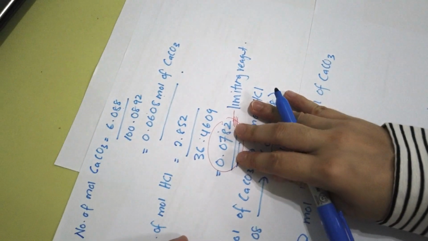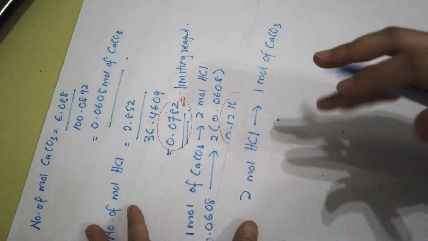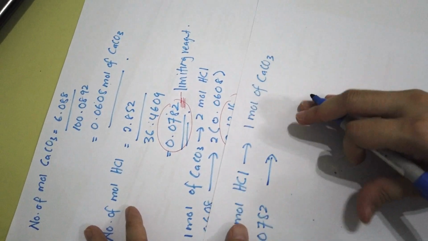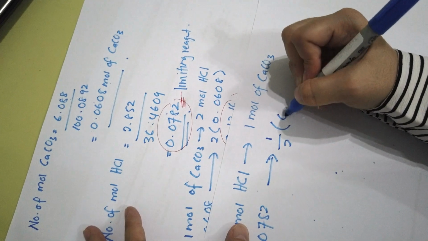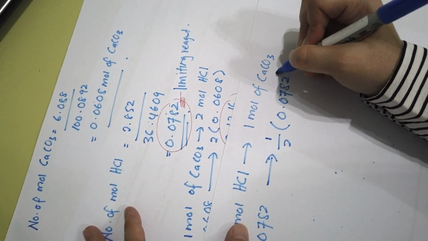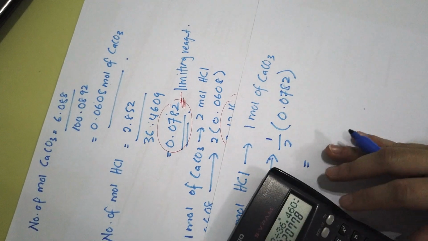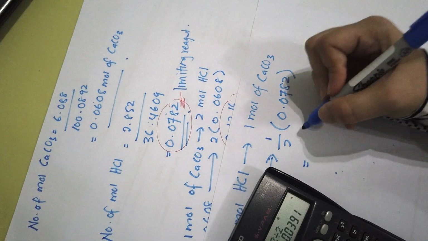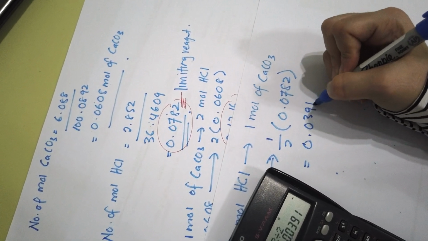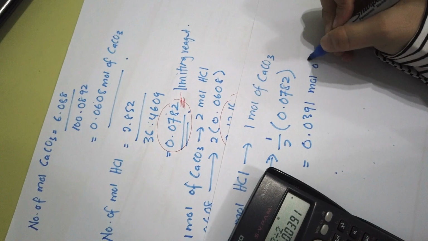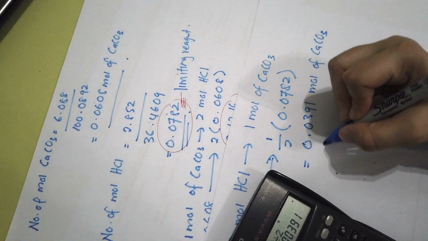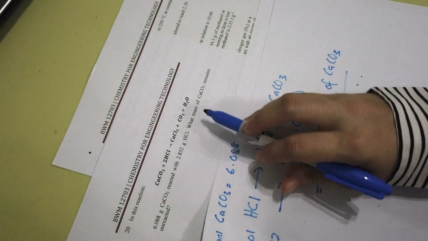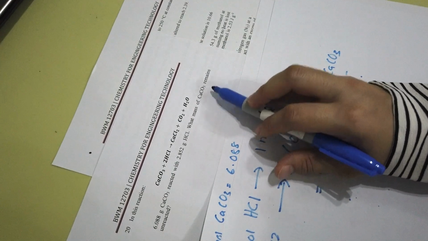So since you only have this much of HCl, 0.0782 of HCl, so you will need 1/2 times 0.0782, so 0.0782 divided by 2 is 0.0391 mole of CaCO3. This is the number of mole, but now the question asks you what is the mass of CaCO3 remains unreacted.